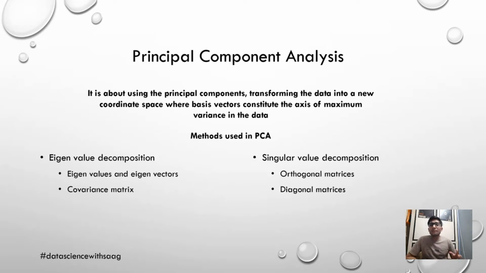So these are the basis vectors which represent my Cartesian space in 2D. Principal component analysis tries to take this Euclidean space, these basis vectors, and create a new set of basis vectors such that the variance of the data set represented along the basis vector is the maximum, or maximal in this case.